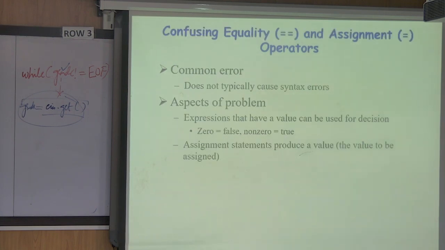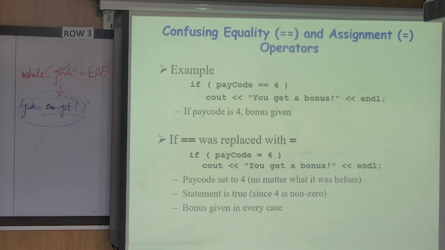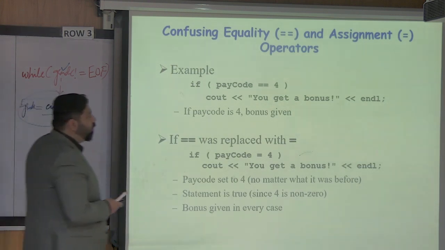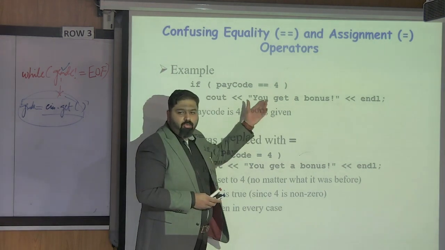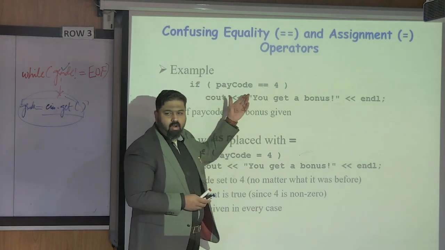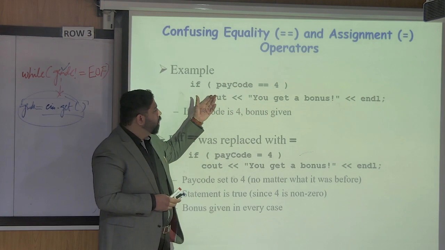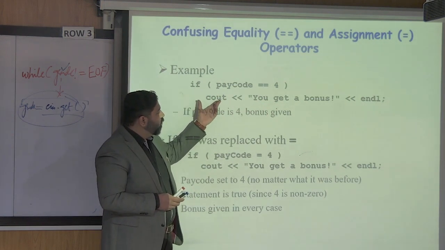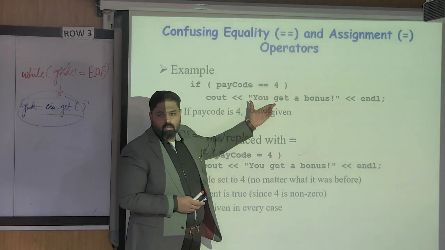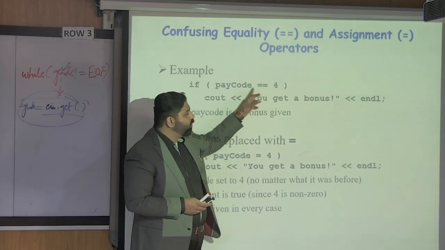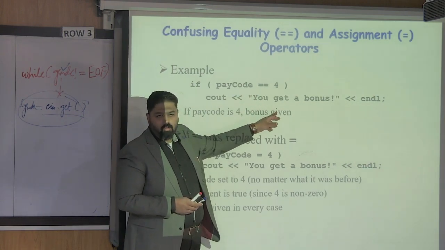Let me tell you one more problem, if we use assignment inside an if. For example, let me elaborate this. In a company, the employee with pay code 4 worked very hard in the previous financial year, so you should get a bonus. So if the employee code is 4, you get a bonus.